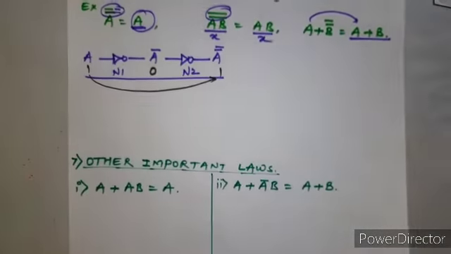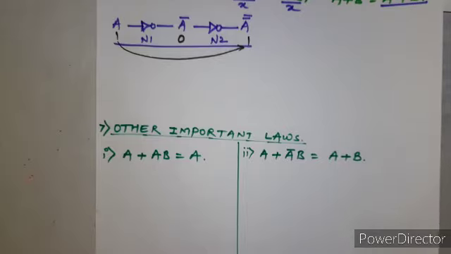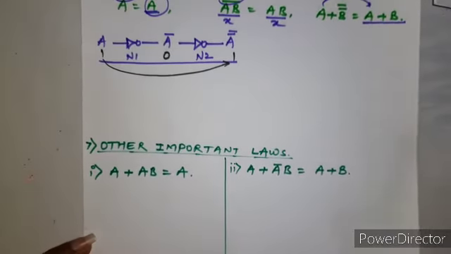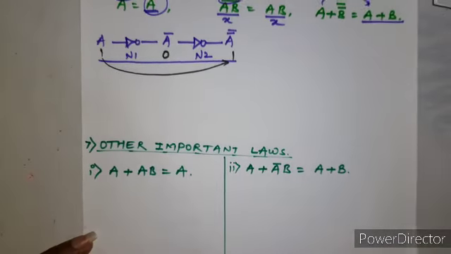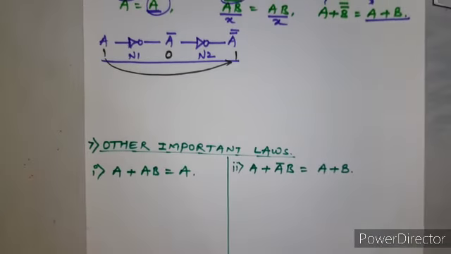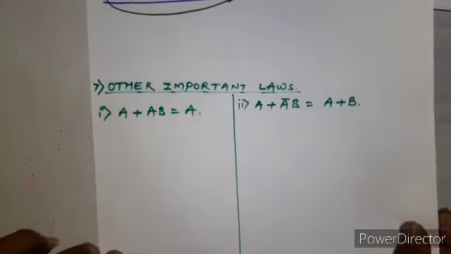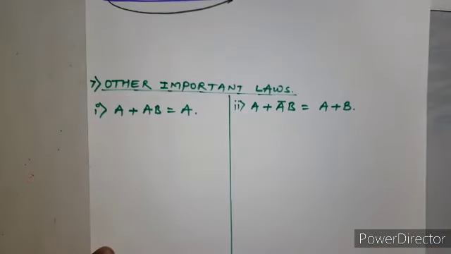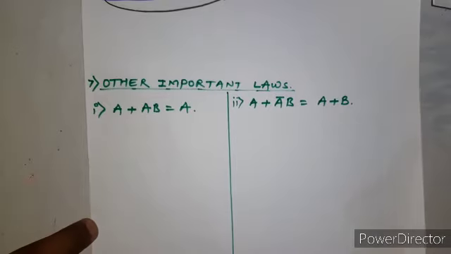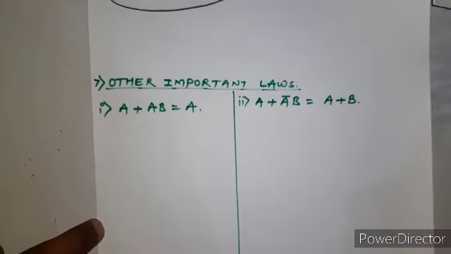So these are some rules or laws of Boolean algebra that we will be requiring all the time. I hope this is understood. Very easy, very clear. Now let us go to some other important laws that we will be requiring during minimization, reduction or simplification of a digital circuit.